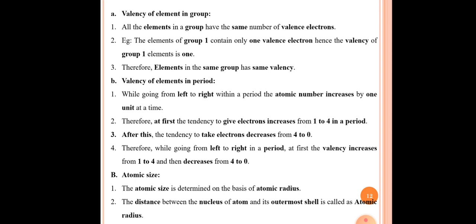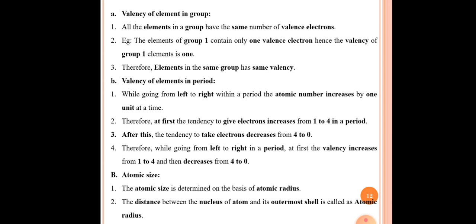The second point is that therefore, at first, the tendency to give electrons increases from 1 to 4 in a period. The third point is that after this, the tendency to take electrons decreases from 4 to 0.